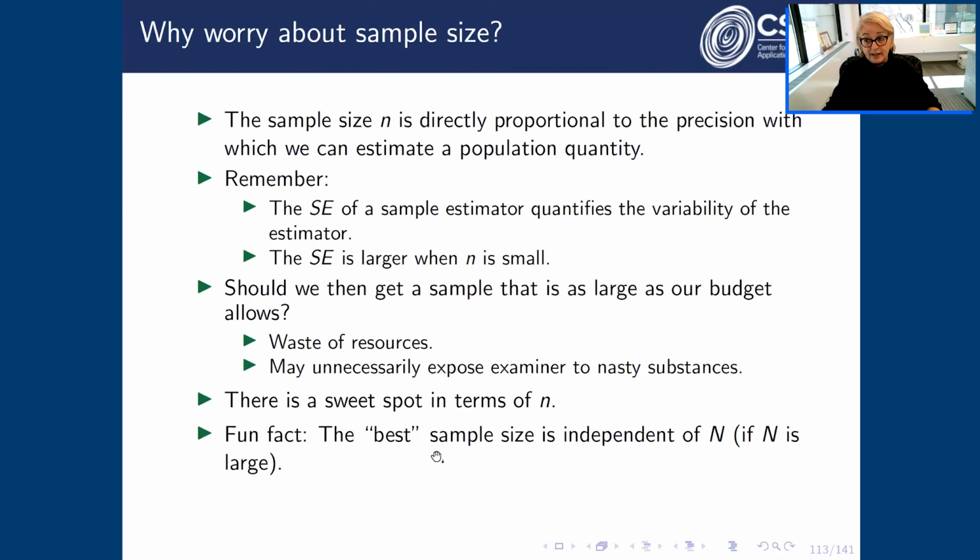And here's a fun fact. The best sample size, or that sweet spot, is independent of the size of the population, as long as the population is reasonably large. So what is an optimal sample size in a population of size 10,000 is also going to be optimal if that population was of size 2 million. So that's kind of a fun fact.